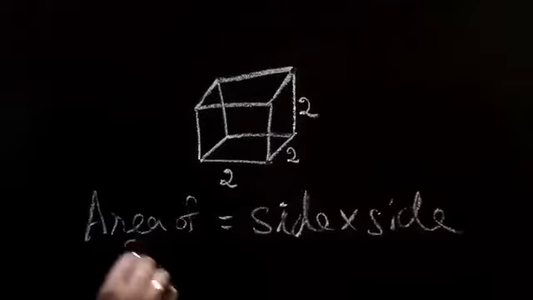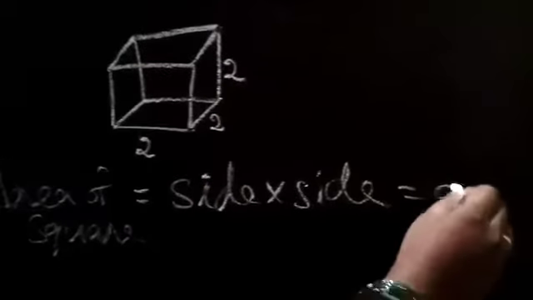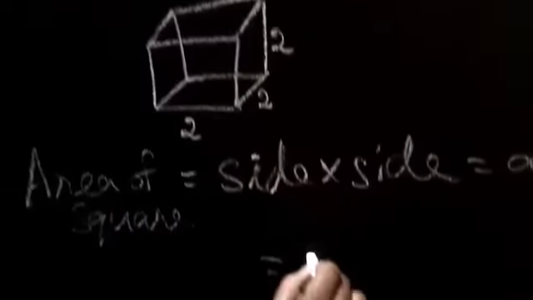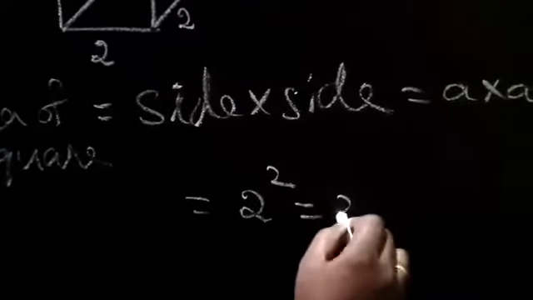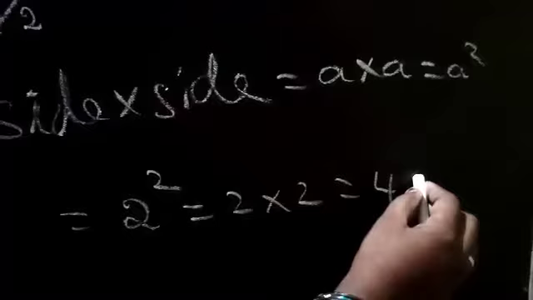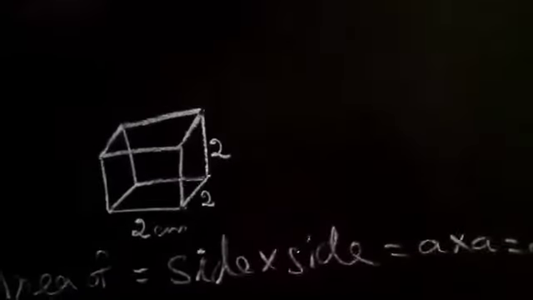Area of a square, or A into A equal to A square, we can also tell. So the side they have given here is 2, so 2 square equal to 2 into 2 will get 4 centimeter square if they gave it in centimeters.